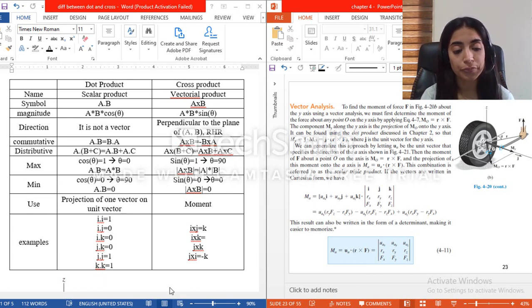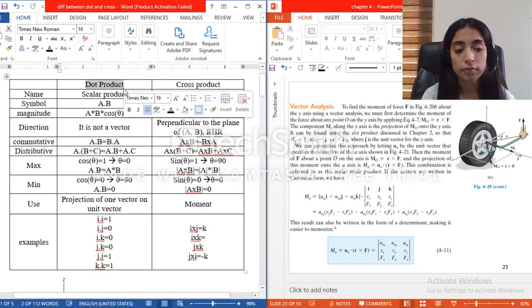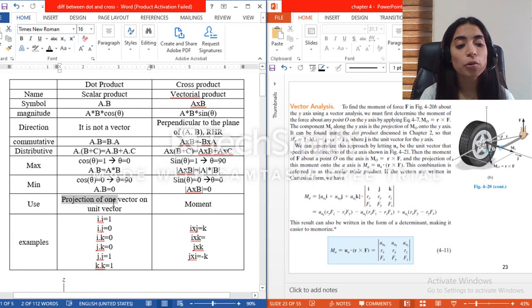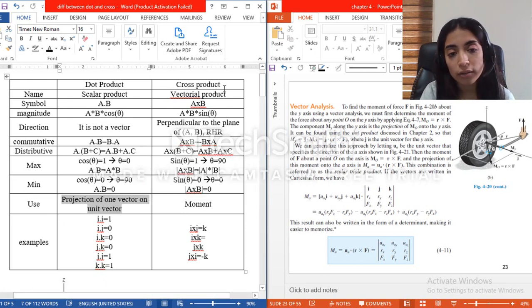Let's do it. I know basically that the dot product is used in the projection of one vector on any line or on any vector represented by a unit vector. And I know that the cross product is used for the moment.